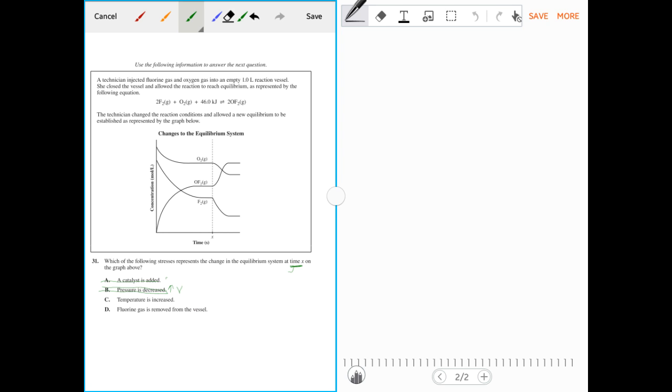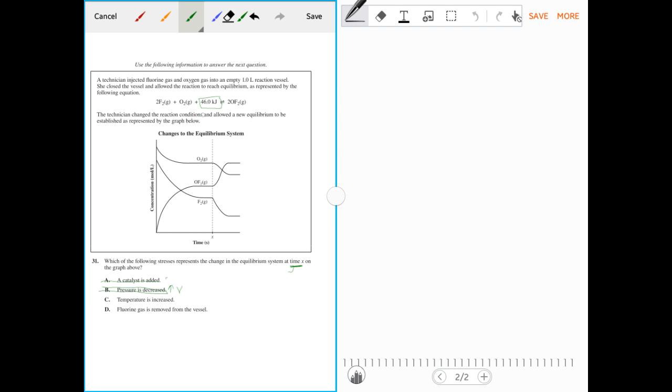Okay, so when we have a temperature increase, when we increase our temperature, this is kilojoules, it's an energy. Now, if we increase the temperature of this reaction, we increase the amount of reactants.